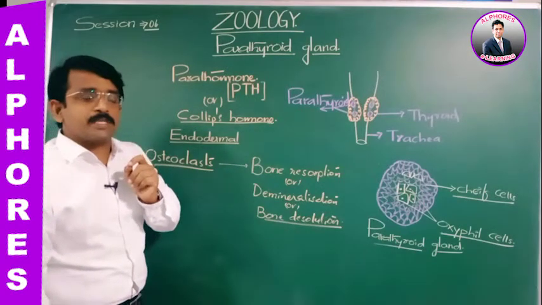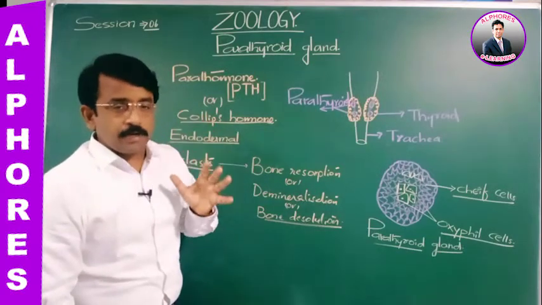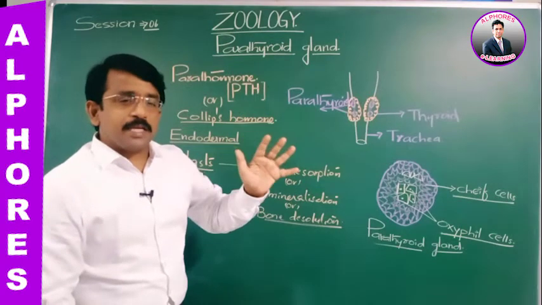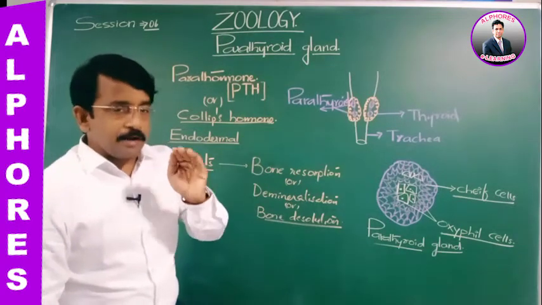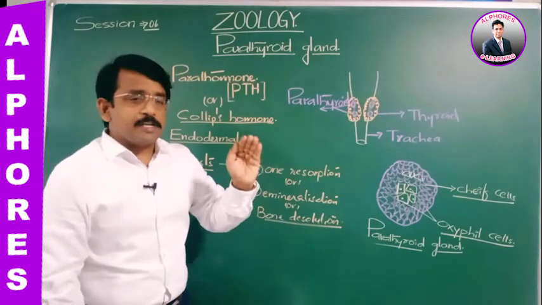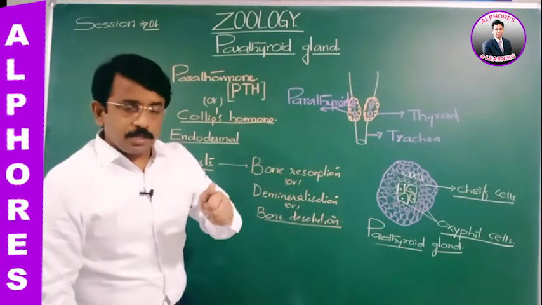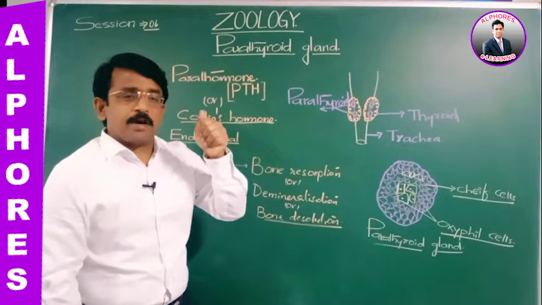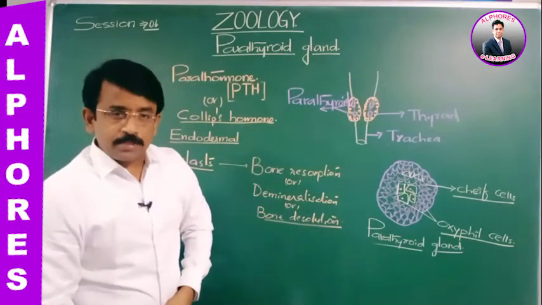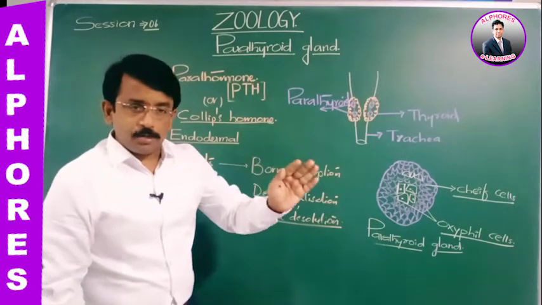Osteoclasts are nothing but the macrophages of the bone. We have discussed earlier, as long as the monocytes are present in the blood, they remain as they are. But when they come out of the blood and reach the connective tissues, they form the macrophages. In the case of the liver, they are the hepatic macrophages, named Kupffer cells. In the case of the synovial joint, it is synovial cells.